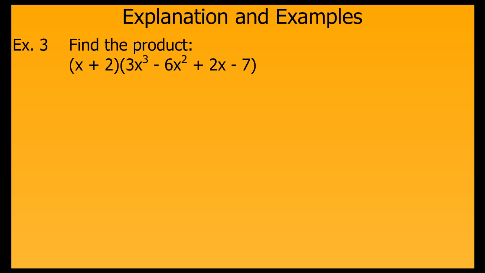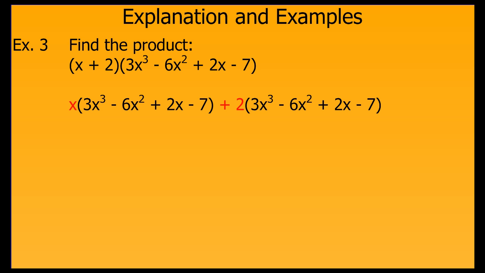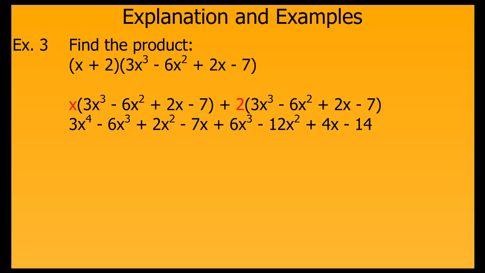Here's another example, this time a binomial times a polynomial with 4 terms. But again, we're going to distribute, so we multiply the x times the entire second parentheses and the 2 times the entire second parentheses. When we distribute both the x and the 2, we get this. Now we look for any like terms that we can combine.